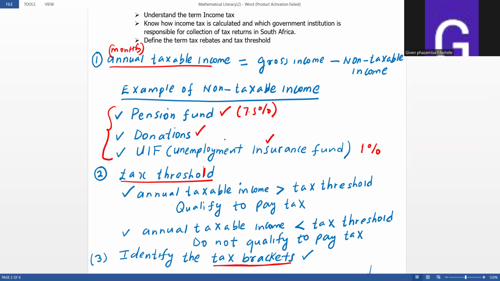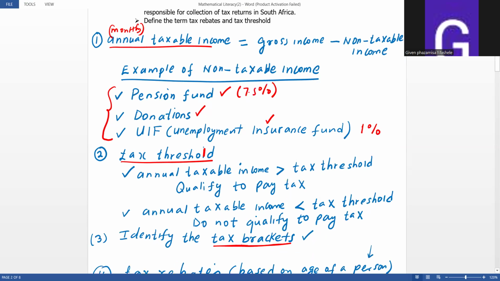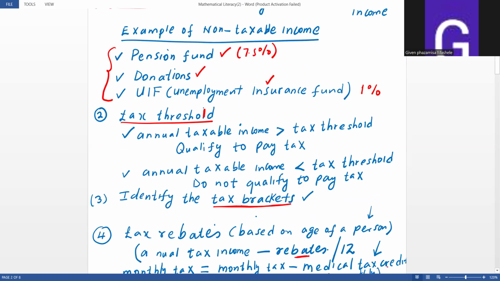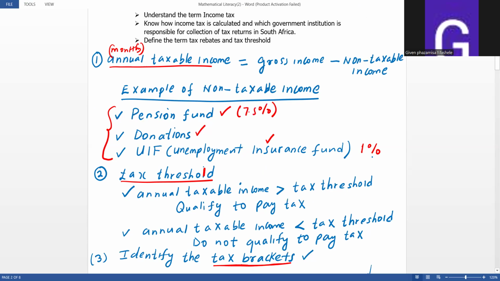If the annual taxable income is bigger than the tax threshold, this person qualifies to pay tax. But if it is less than the tax threshold, this person does not qualify to pay tax. Then you need to know that the pension fund, the donation, and the UIF fall under non-taxable income, so they need to be subtracted from the gross income.